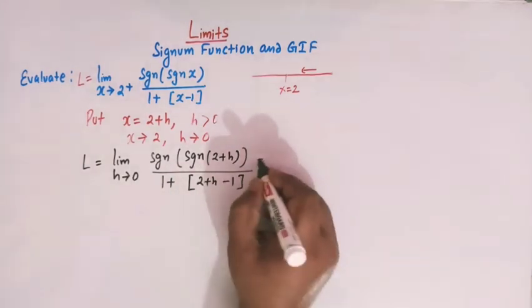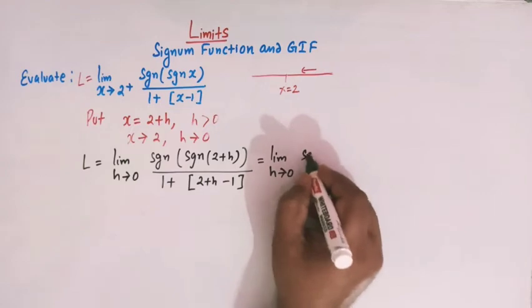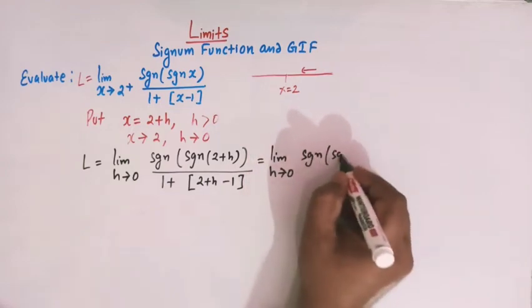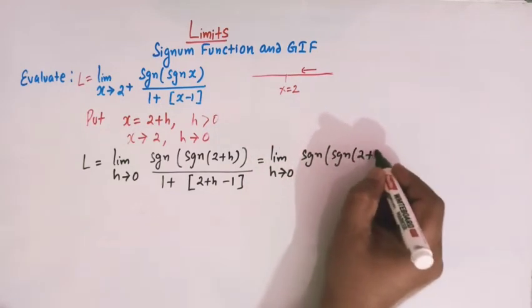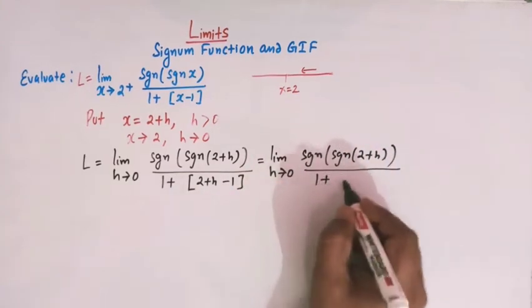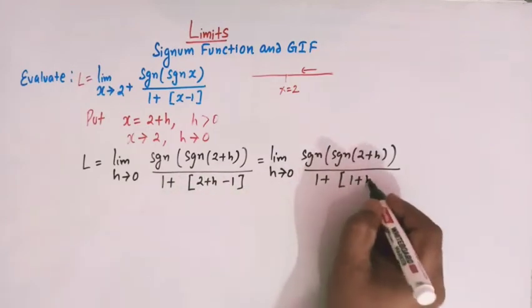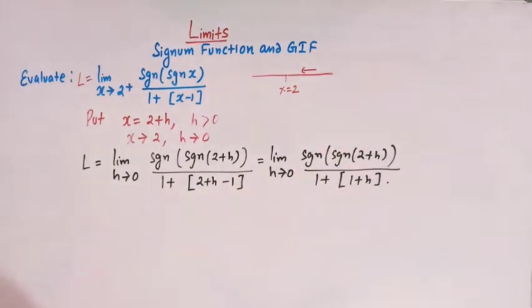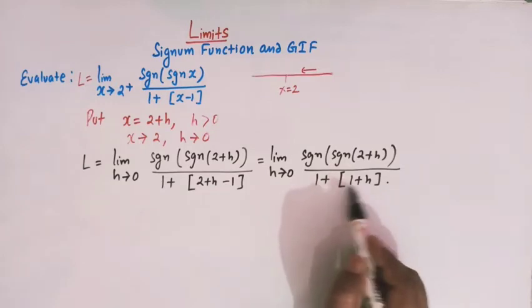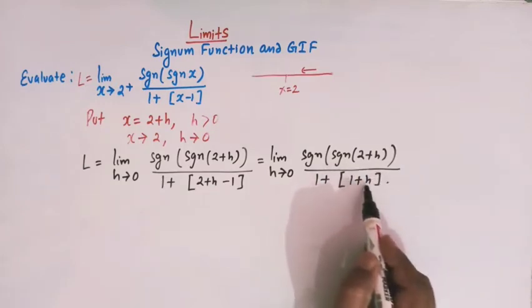So we can write it as limit h tends to 0, signum of 2 plus h, and in the denominator we have 1 plus greatest integer of, 2 minus 1 is 1, so 1 plus h. Okay, so now let us first decide the value of this greatest integer of 1 plus h.